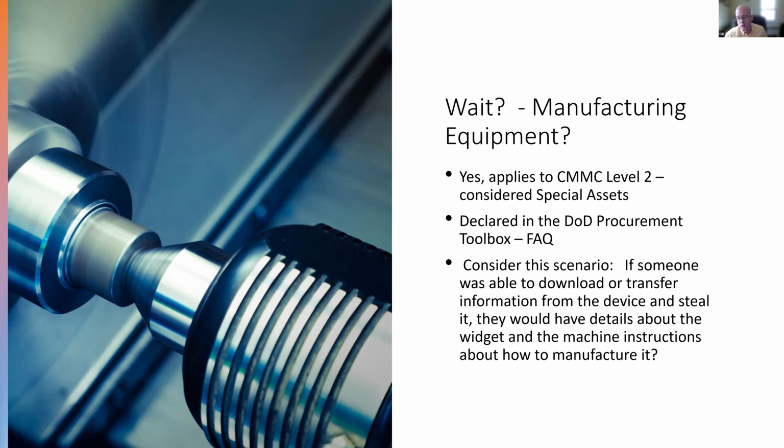They consider those special assets. You need to be able to declare them. And so you have to think about it. It's not just your email and the computers in your office. It's your engineering equipment and your manufacturing equipment as well.